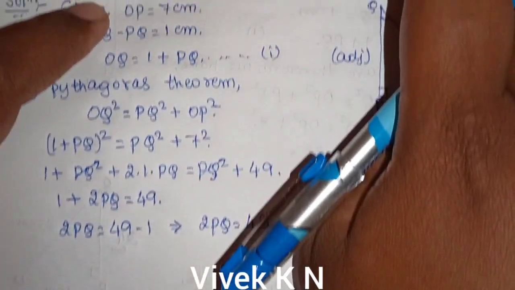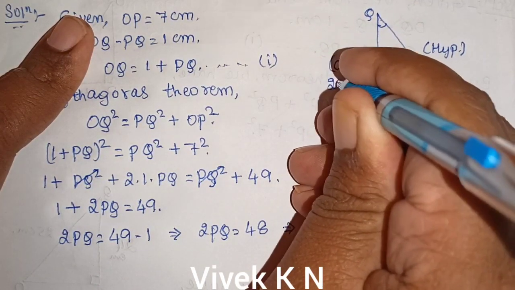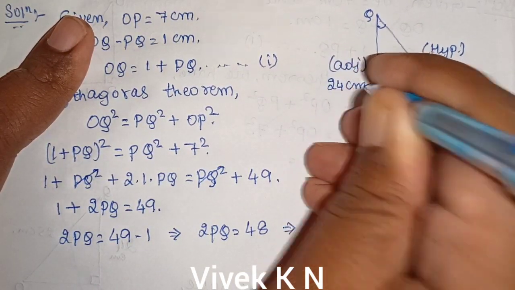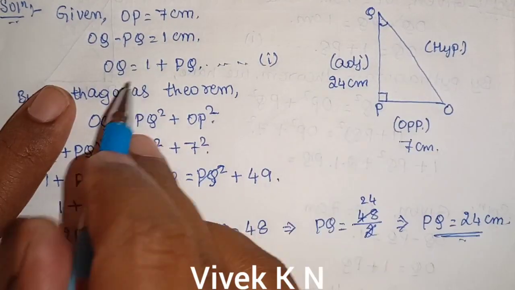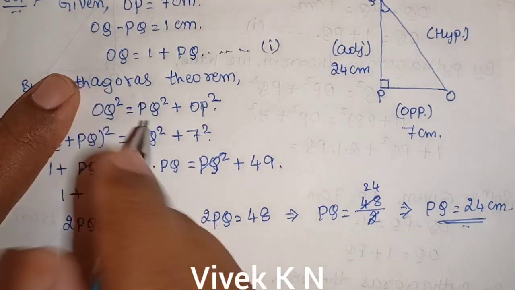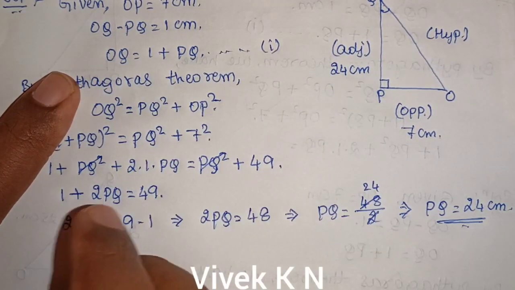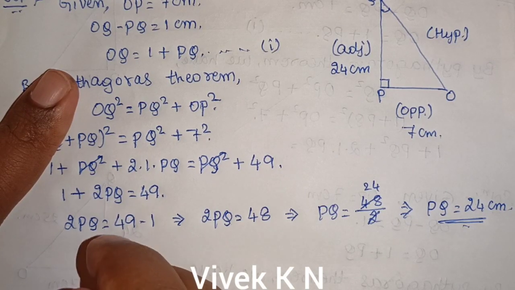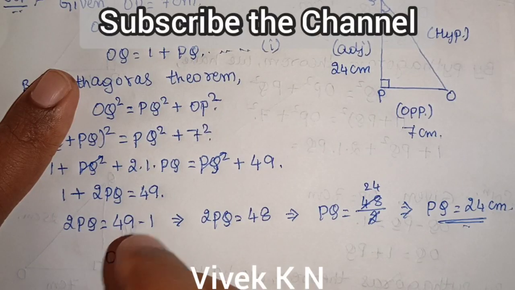That is, the adjacent side is 24 centimeter. Now we have to find out the value of OQ. So now we have to substitute the value of PQ in equation 1. OQ is equal to 1 plus PQ.